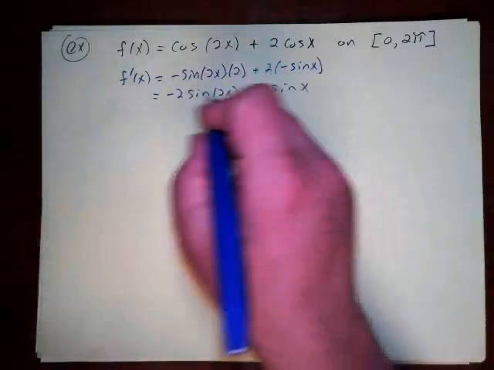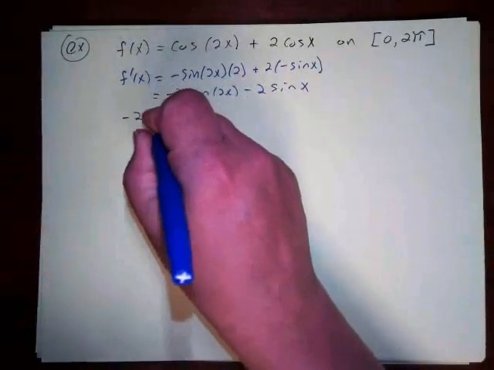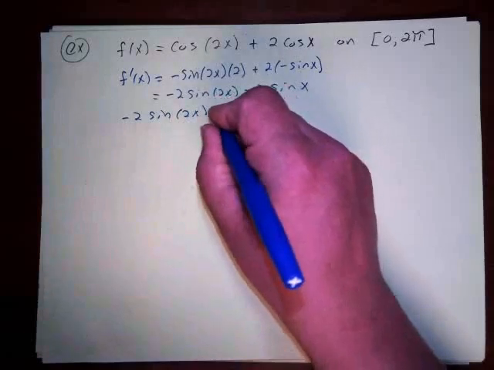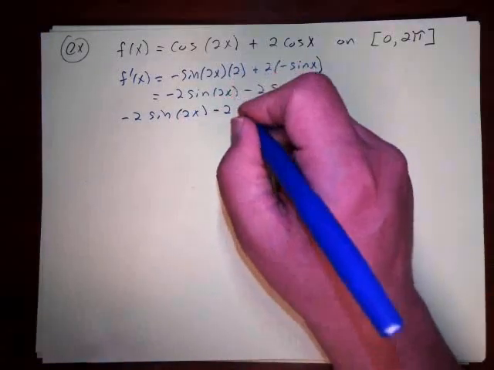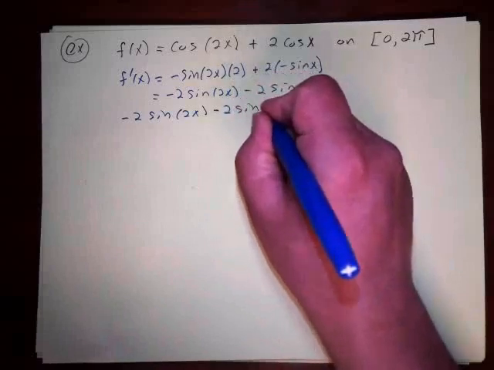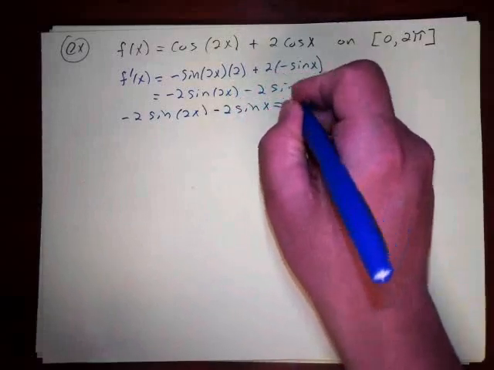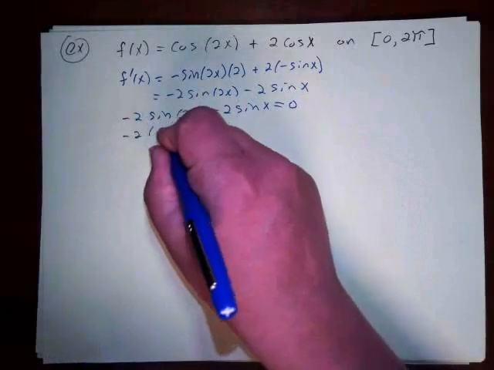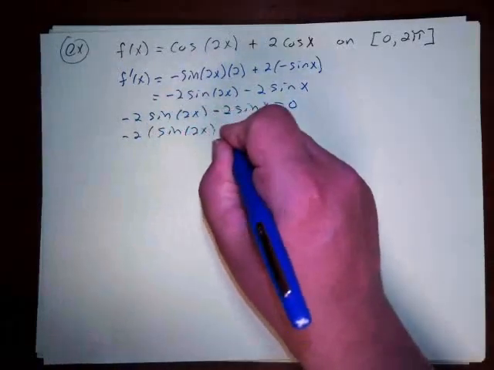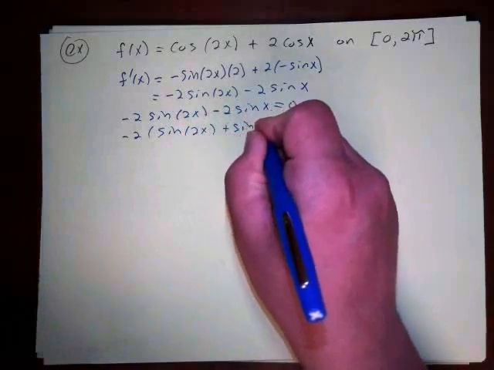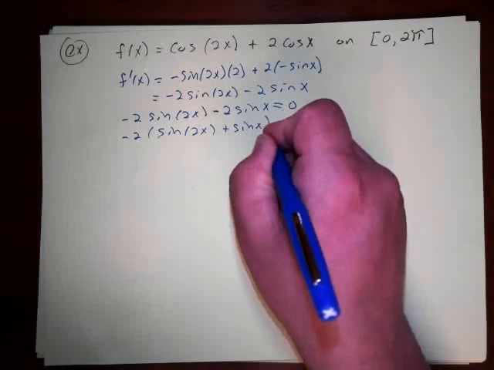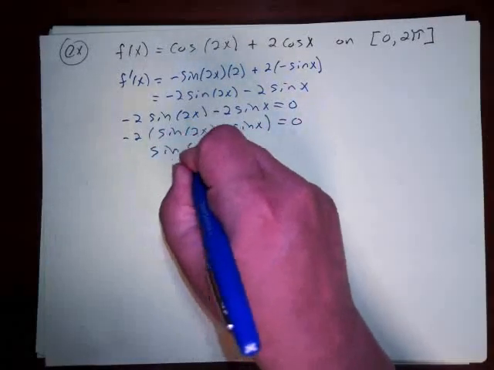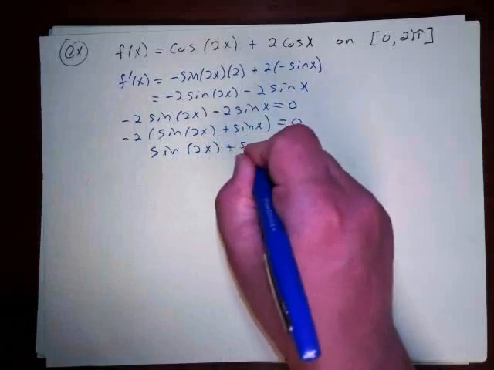And now let's set this equal to 0. Now I could pull out a negative 2, and if I do, I would get sine of 2x plus sine of x is equal to 0. And then I could divide both sides by negative 2, and I get this equation.